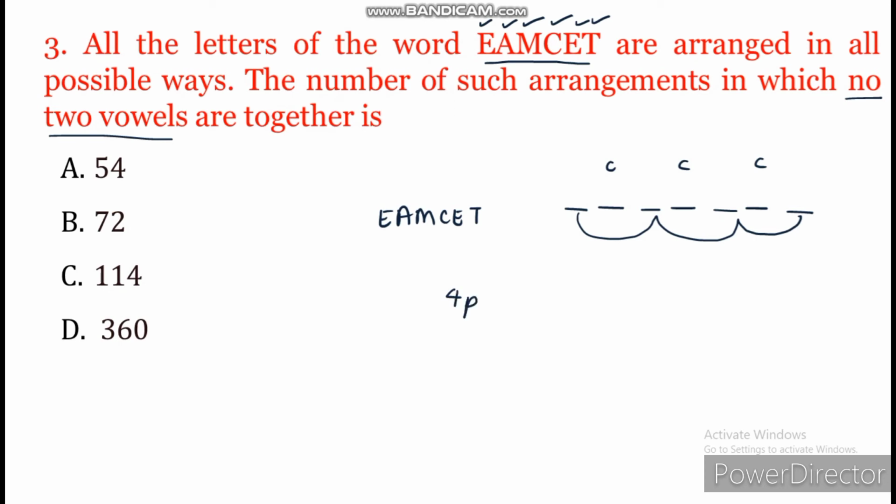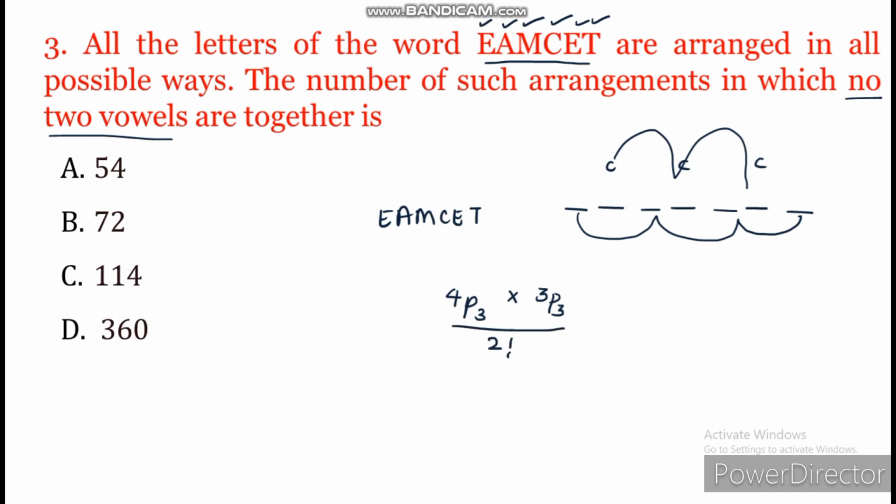I can arrange 3 vowels out of 4 places in how many ways? 4P3. Okay, out of those 4 places, I have to arrange 3 vowels, and in 3 places I have to arrange 3 consonants, 3P3.